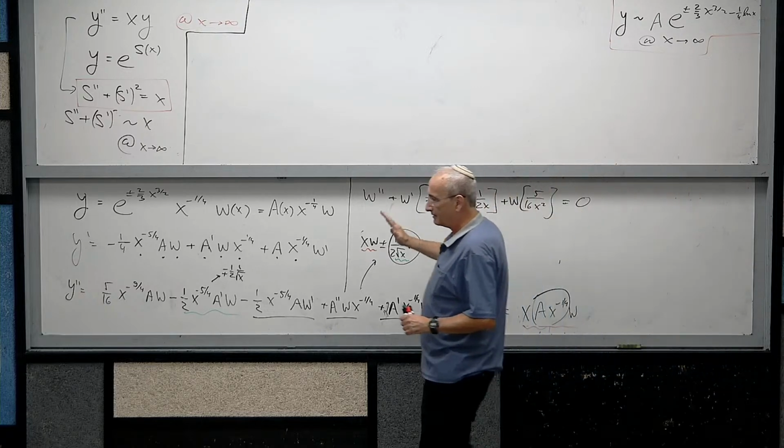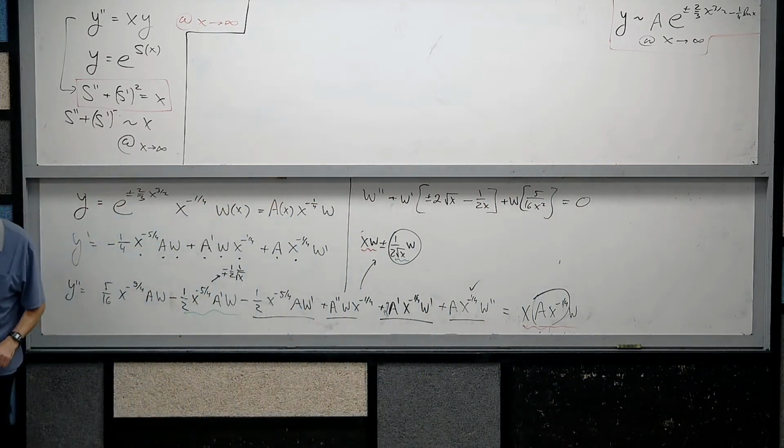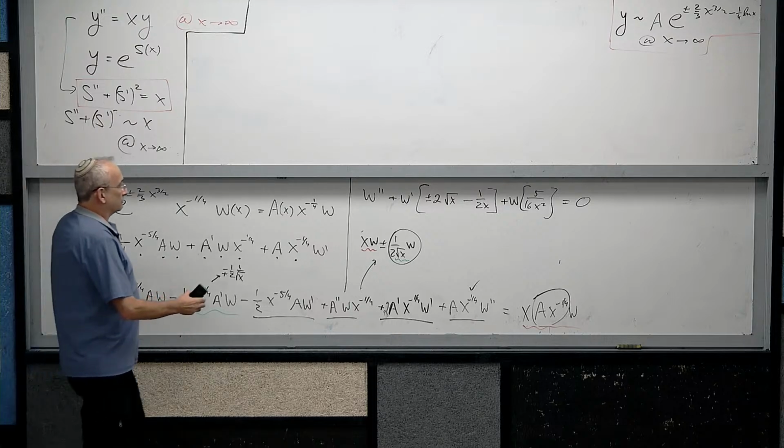First of all, please allow me to check if this is actually what is written in my notes. So I have w double prime, I have w prime times plus minus 2 square root of x minus 1 over 2x, and I have 5 over 16x squared w. Okay, that's fine. Good.